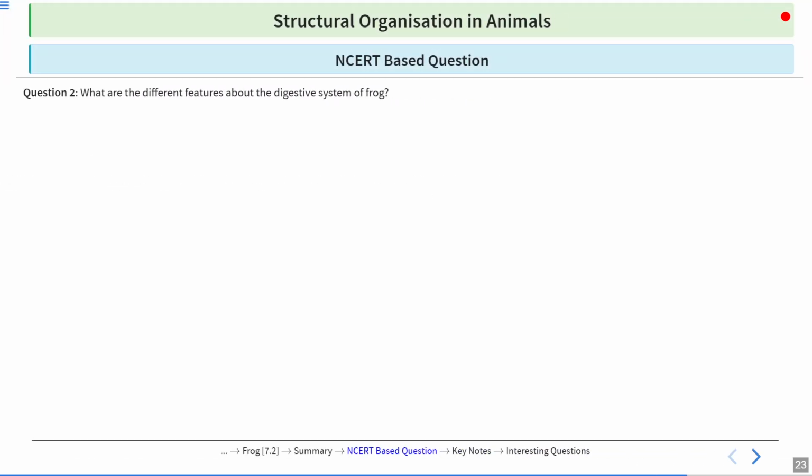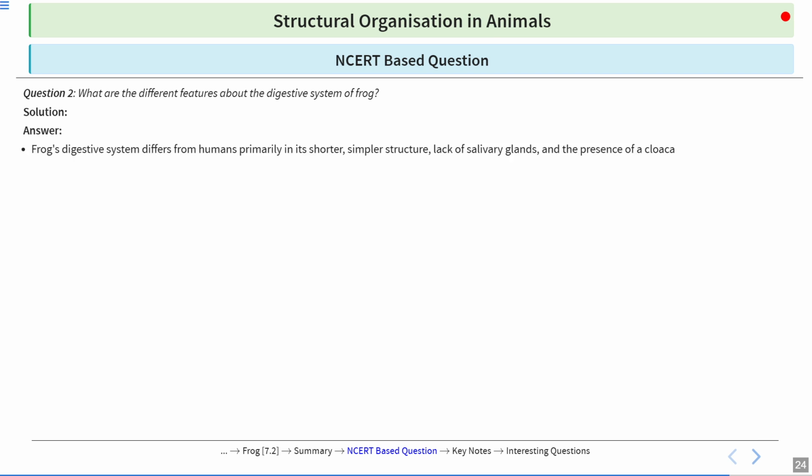Next question. What are the different features of the digestive system of a frog? Let us see the answer. The frog digestive system differs from the human primarily in its shorter, simpler structure and lack of salivary glands. We didn't discuss the salivary gland. There is no digestion in the mouth.